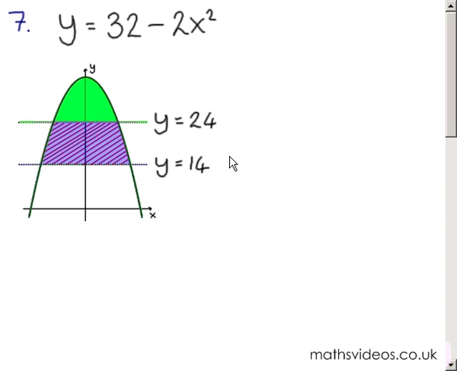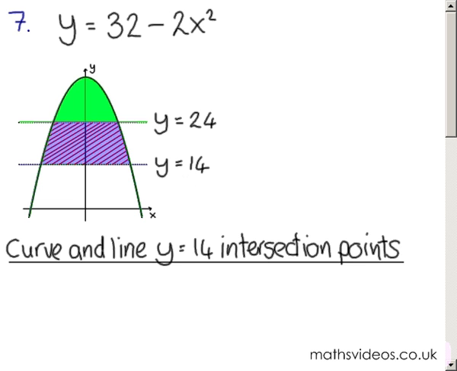So first of all, we'll consider the blue area, the area between the curve and the line y equals 14. Before we can work out this area, we must figure out the intersection points where the curve meets the line y equals 14, and that will give us our limits of integration.